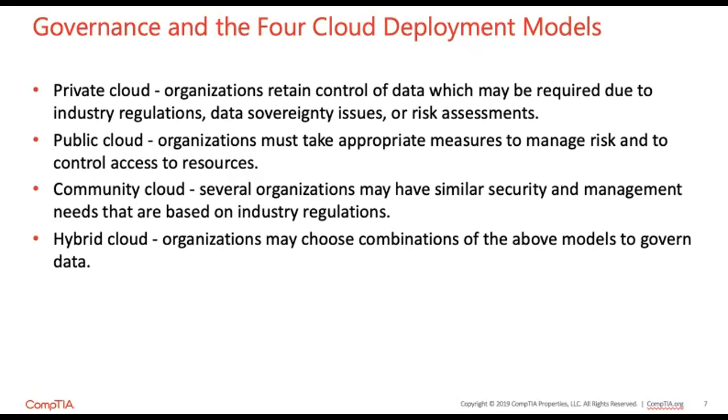Now, when we're looking at community cloud, this is a little bit different. Why? Because the cloud infrastructure is shared by several organizations with shared concerns. An obvious governance aspect of this is how would you ensure collaborative governance that aligns with shared security and management needs, right?